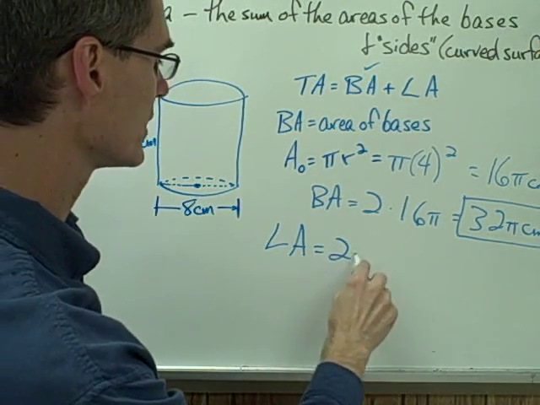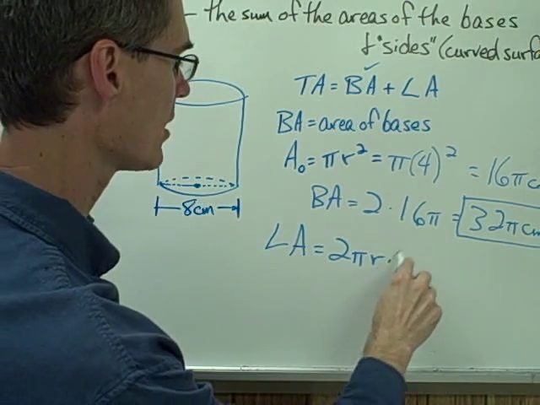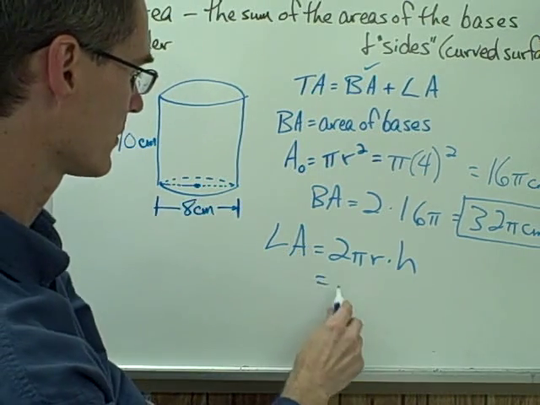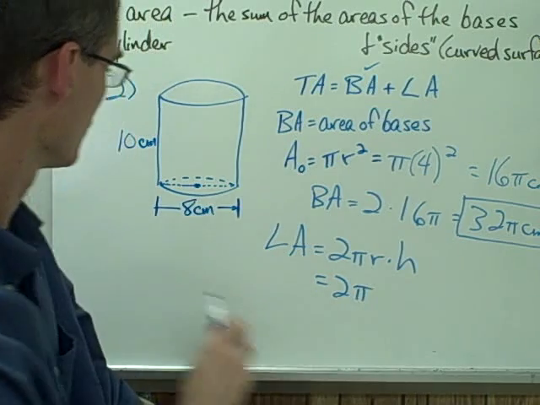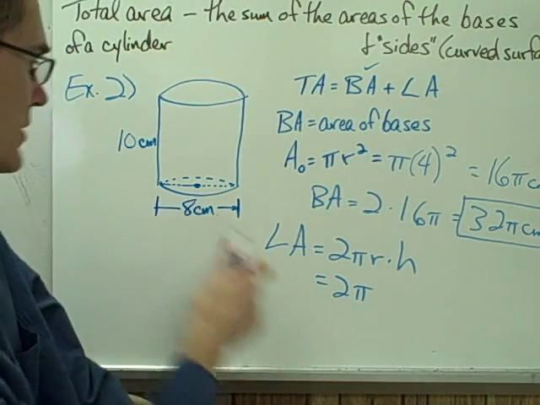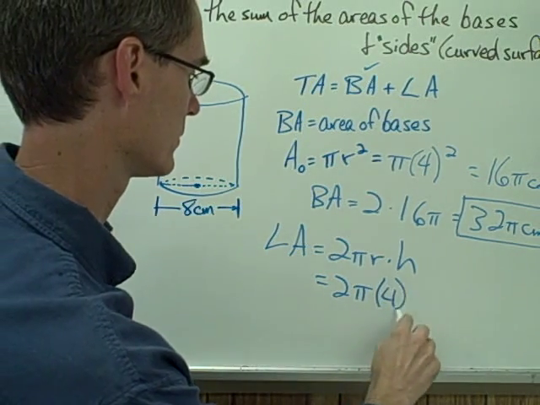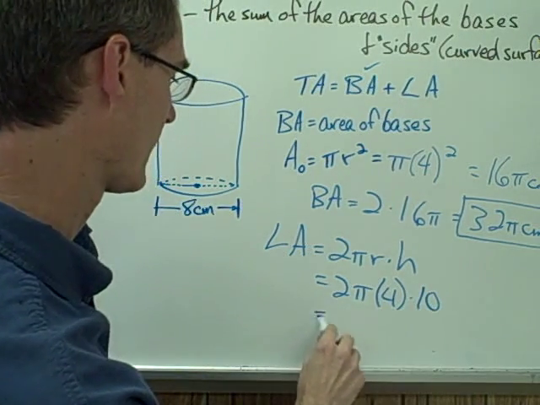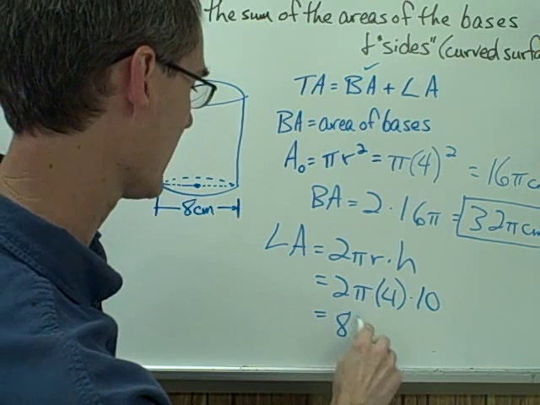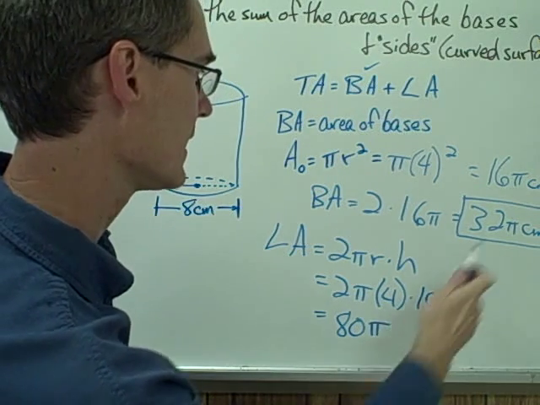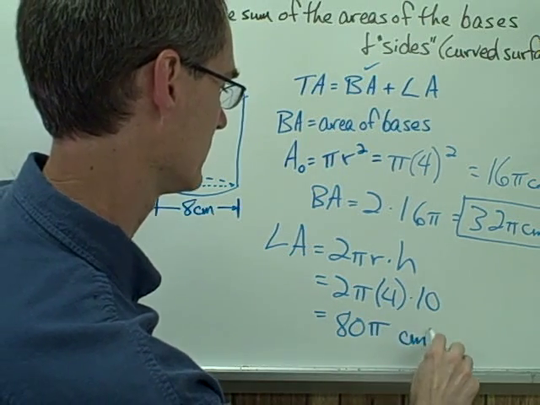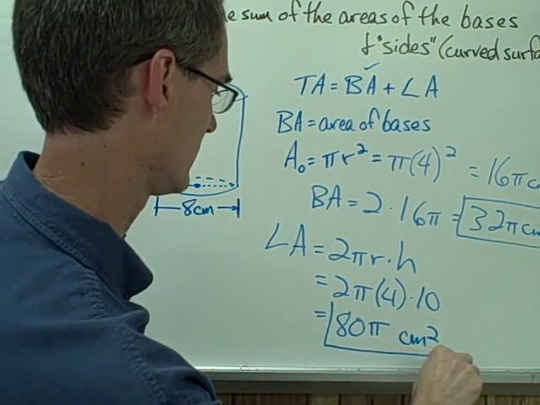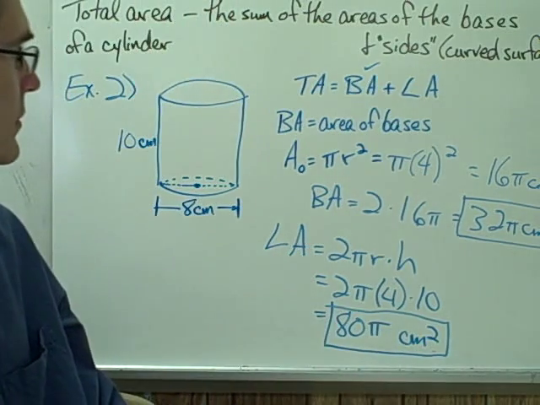Lateral area, I remember, is 2 pi r times h. And again, the radius of my cylinder is 4. The height of my cylinder is 10. So I have 8 times 10, I have 80 pi square centimeters.